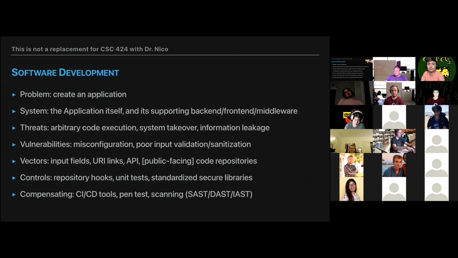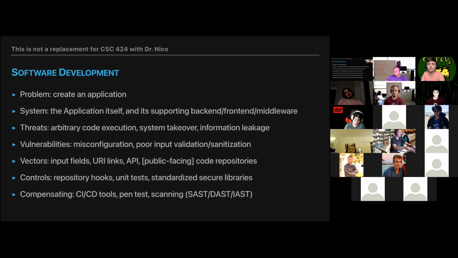And lastly, kind of in the pen test vein, but like the scanning tools, right? You have SAST, DAST, and IAST, which stand for static analysis scanning tool, dynamic analysis scanning tool, and interactive analysis scanning tool. The general idea is the same.